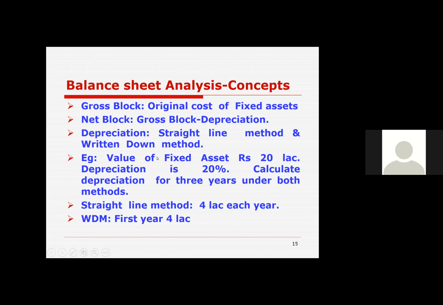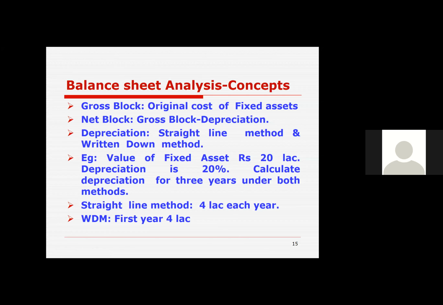In the case of the straight line method, we take the cost of the fixed asset as the base, and every year on that we reduce 20%. So first year it is 4 lakhs. Second year also, we take 20 lakhs and 20%, 4 lakhs. Like that, we make it in the straight line method.